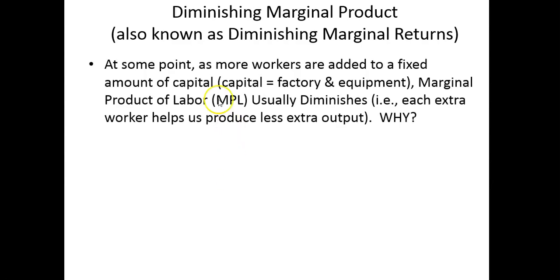But the main idea is if you're adding more and more of a variable input, like in this case workers, to a fixed amount of capital, i.e. a fixed size of factory, a fixed amount of equipment, the marginal product of labor usually starts to go down at some point. Now, why? Again, we still haven't answered the question. That's just putting terms on the question from the last slide.